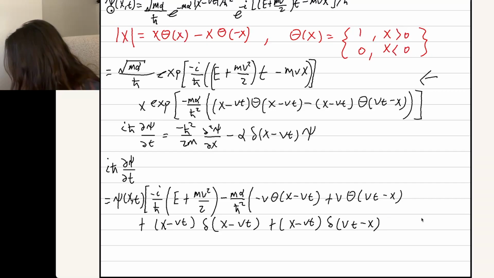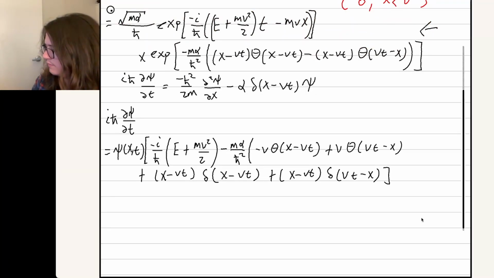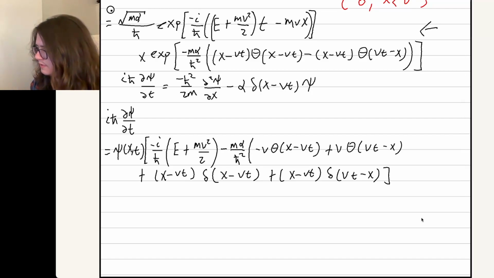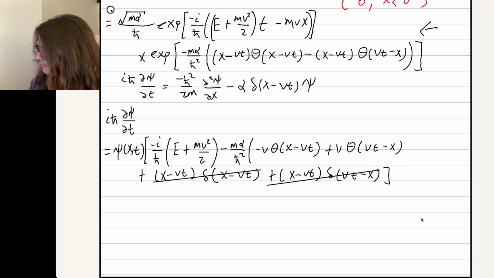I think that should be it. The funny thing is that this combination of delta function on x minus vt is going to go to 0, because it's either going to set x to vt, and so this is 0, or it's going to set vt to x, so it's still 0. So both of these terms we can handily cancel out. They're both 0 by themselves.